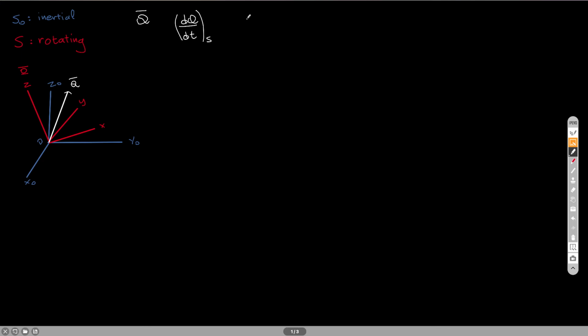Now, let's say that I write the vector q using its components in the rotating frame of reference. So I'm going to say qx x hat plus qy y hat plus qz z hat. I've written the vector q in terms of its components in the rotating frame of reference.